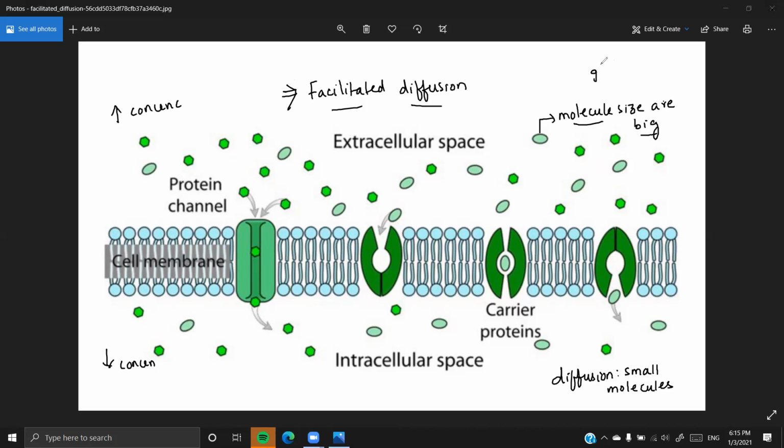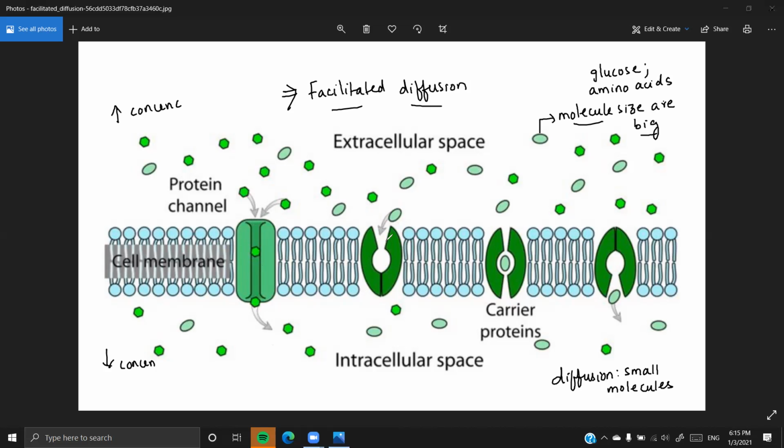An example I can give you is that we are moving glucose, or we can even move amino acids, through the facilitated diffusion process, children. And you can see that this particular transport protein, as I told you, is going to have a channel in between, which is going to be filled with water, due to which the water soluble molecules, the water soluble ions, can easily be moved across.